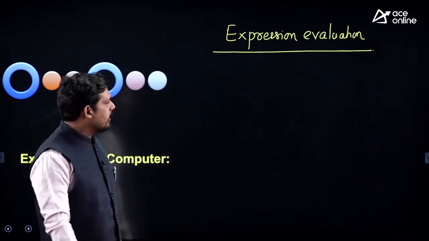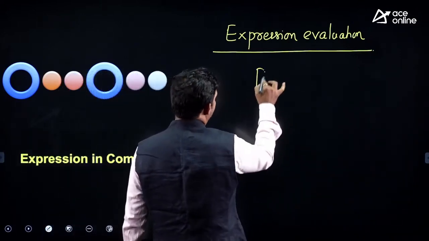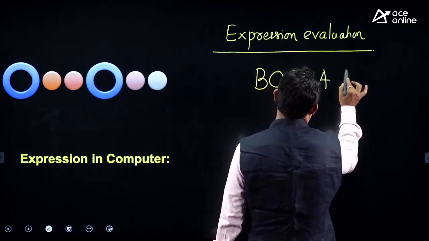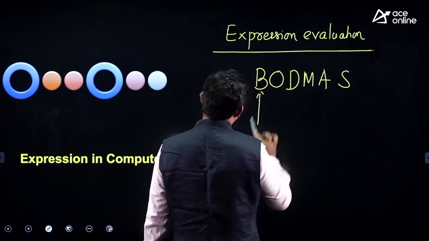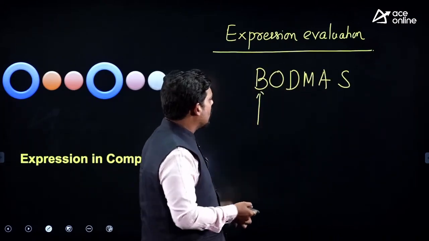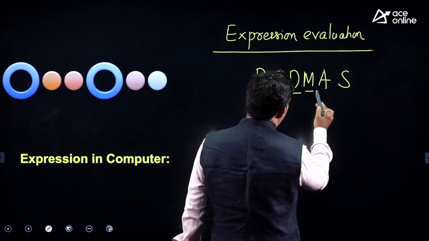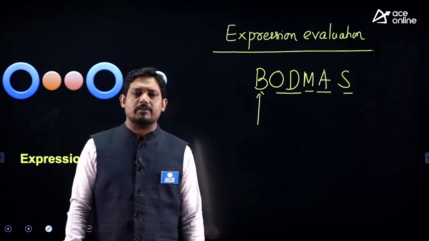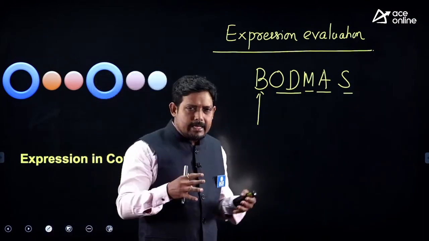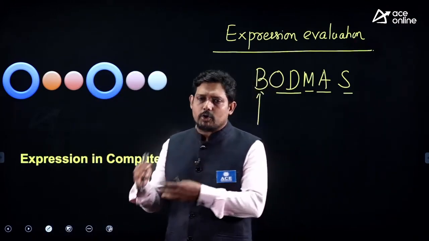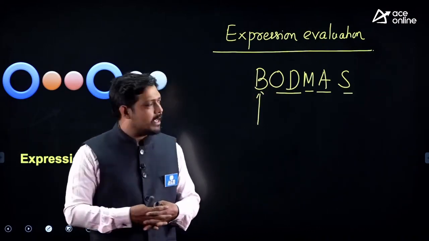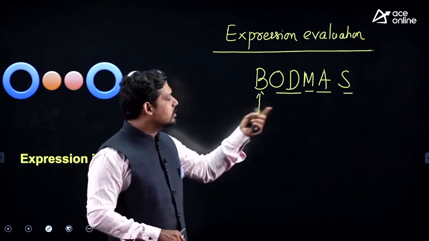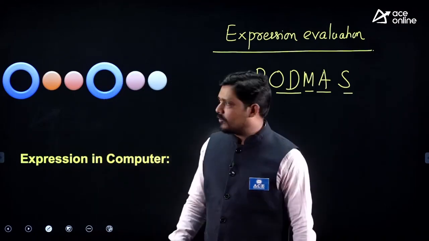Bracket, order of, and then the rest. Order of means exponentiation or maybe square root, then division, multiplication, addition, subtraction. So the BODMAS rule is used for evaluation of an expression. That idea is taken in computers also for evaluation of expressions, following rules about what comes first and what comes second.